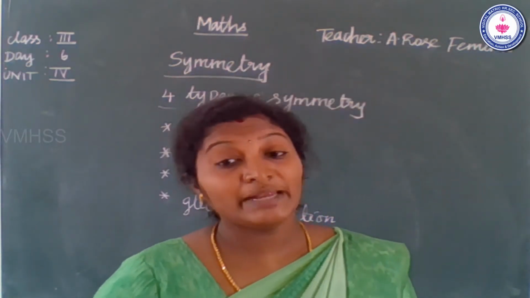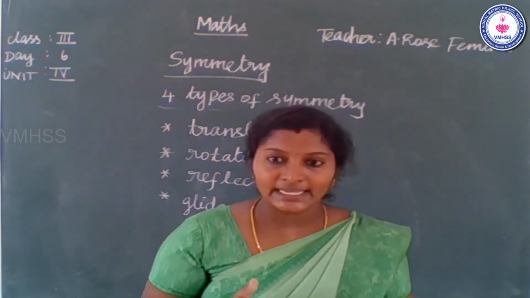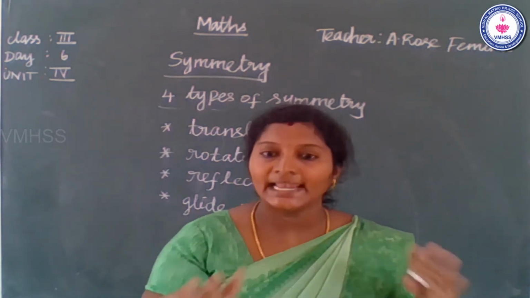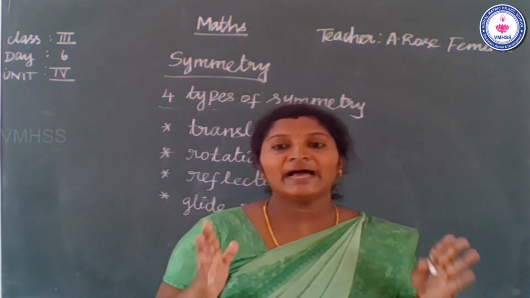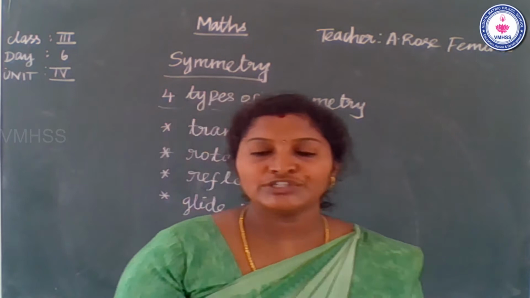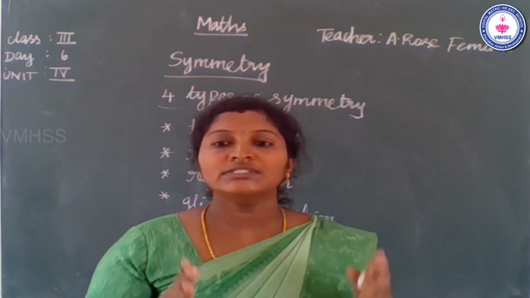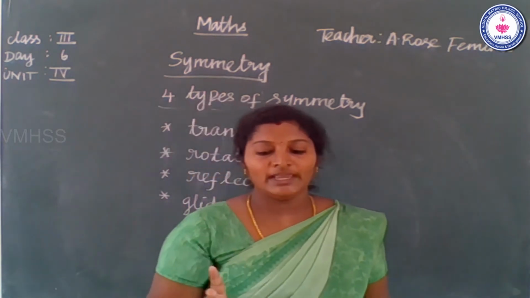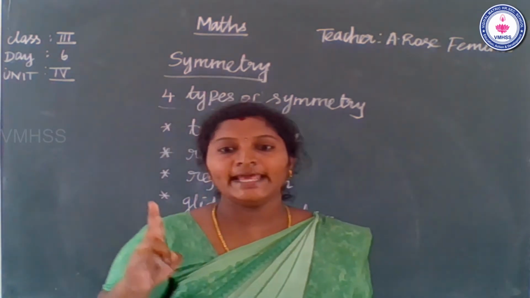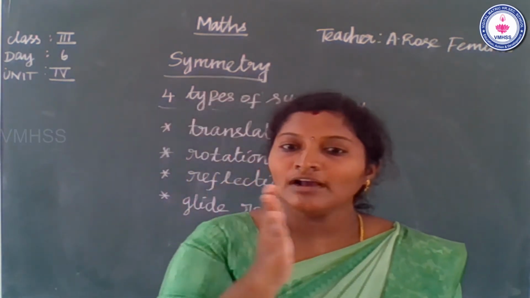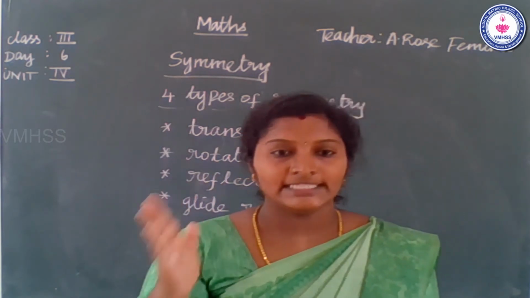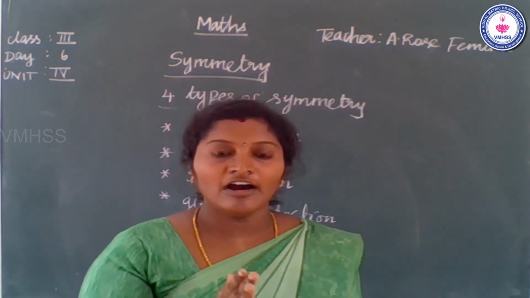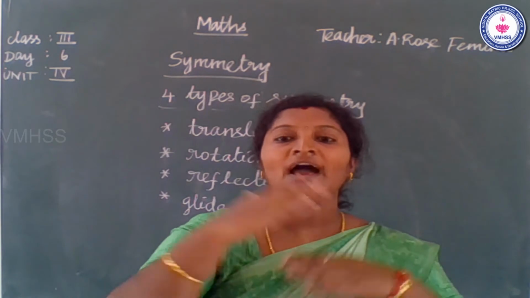What is meant by symmetry? Symmetry is defined as balanced and proportionate, which is found in two halves of an object. That is, one half is the mirror image of the other half.